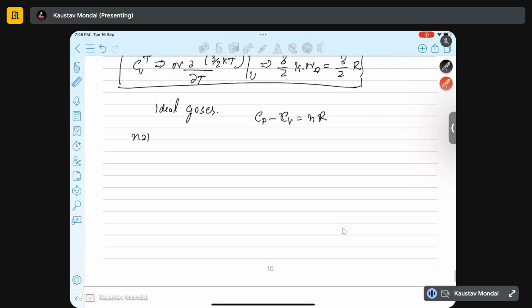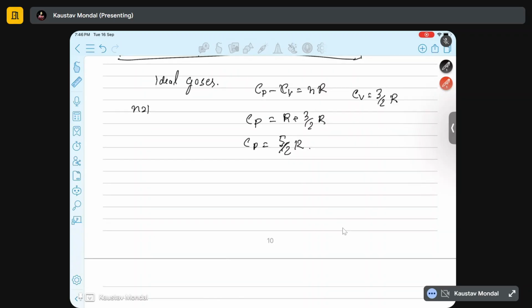Cv we know is 3 by 2 R, so Cp is R plus 3 by 2 R, which gives you 5 by 2 R. So for the ideal case, if you know the Cv, you can easily calculate the Cp.